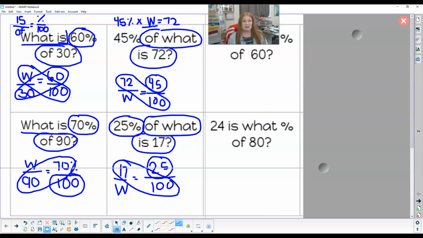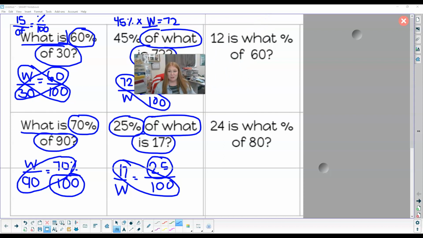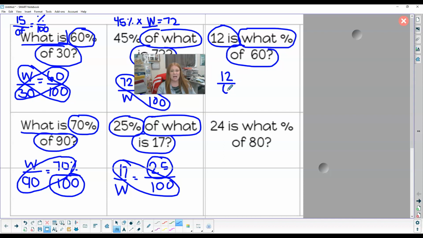Okay, our next kind look like this. So 12 is what percent of 60? 12 is the piece out of 60, and we're looking for the percent out of 100. What is the percent?